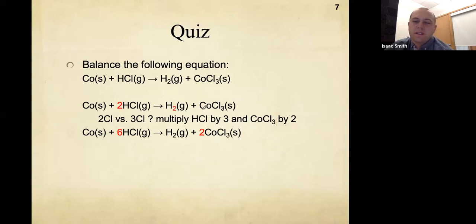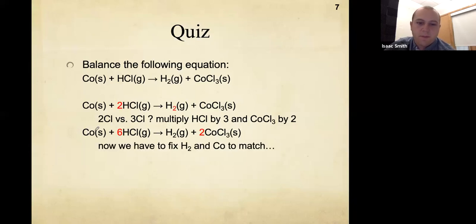So to get to the least common multiple, you multiply this one by 3 and that one by 2. And then you'd have 6 chlorides on the left, 6 chlorides on the right. And then at that point, you have 6 hydrogens, so you need to put a 3 in front of this, and 2 cobalts, so you need a 2 in front of it.